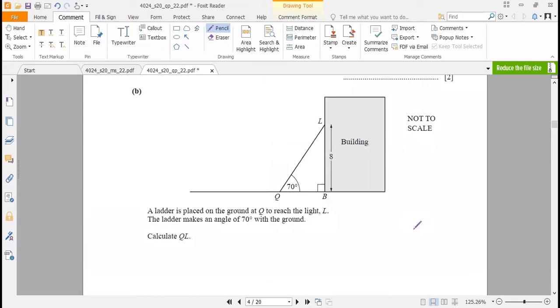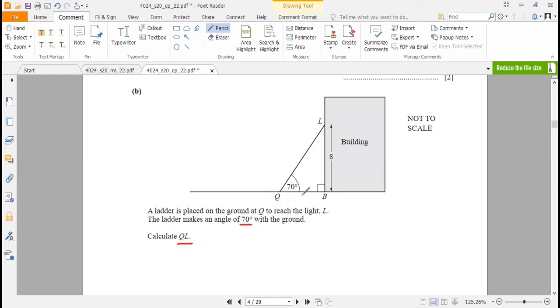Now come to part B. It is asking that a ladder is placed on the ground at Q to reach the light L. The ladder makes an angle of 70 degrees with the ground. We have to find QL. Again, it is a right angle triangle. We have one angle and the side 8, so we can use SOHCAHTOA.